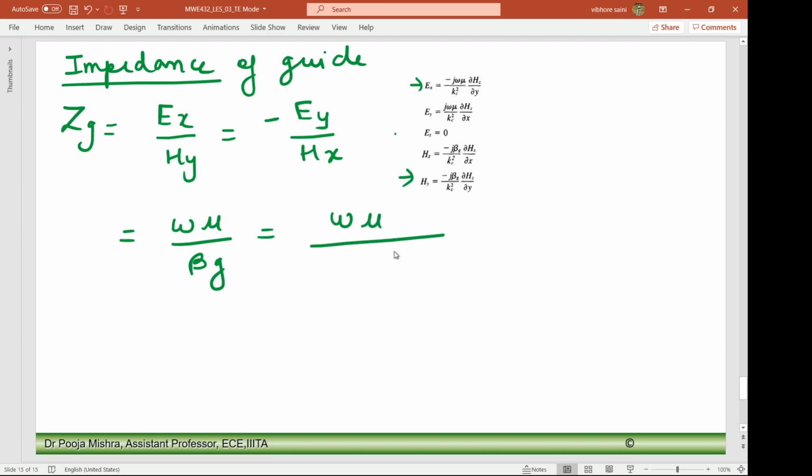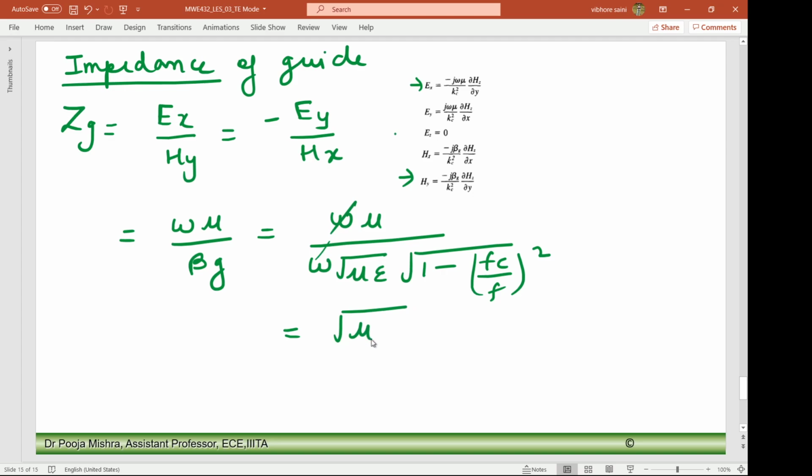Put the value of beta g, omega under root mu epsilon under root 1 minus (fc by f) whole square. Omega cancelled out, we will have under root mu by epsilon divided by under root 1 minus (fc by f) whole square.